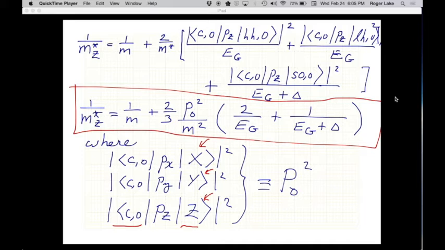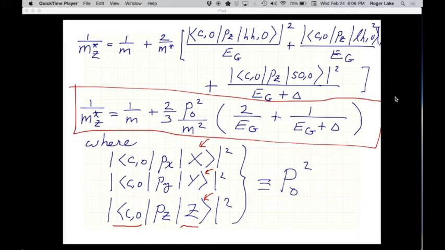These matrix elements squared of the momentum operator components, PX, PY, PZ, are all equal, and they're equal to what we call P0 squared. And these are, in fact, the only matrix elements you get of the momentum operator in this basis. There are no others.